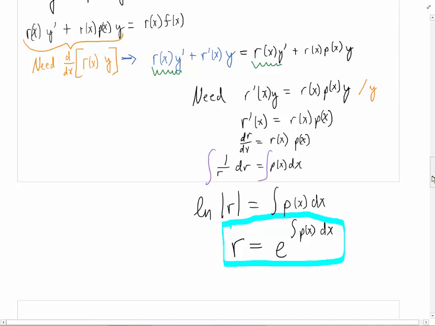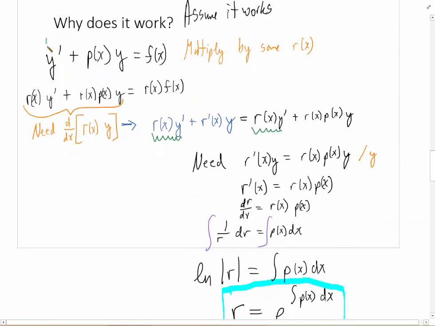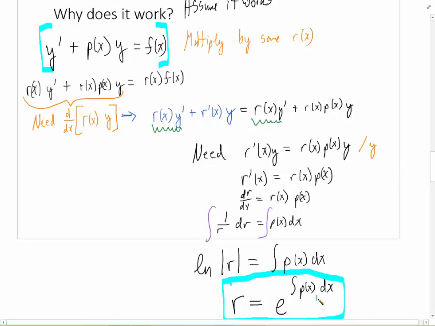And so what we now know is, in general, if we have our linear equation and it's in this standard form, what we want to do is multiply by the integrating factor, where that integrating factor r is given by e raised to the integral p of x dx. So we have to figure out what this p of x is, and we then use it to find the integrating factor.